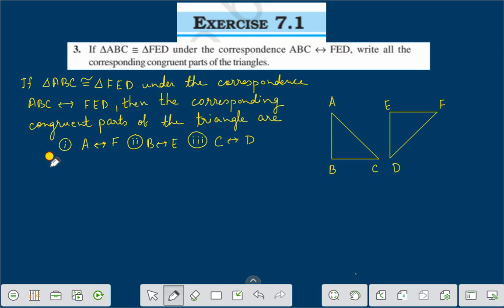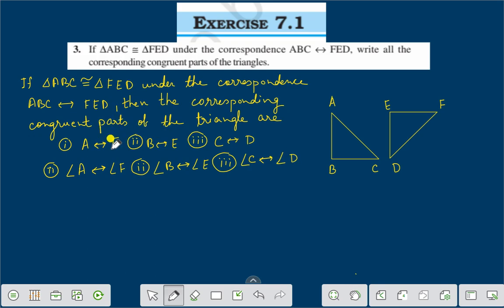And not only that, all the angles also correspond to one another. That is, angle A corresponds to angle F. Number 2, angle B corresponds to angle E. And 3, angle C corresponds to angle D. Right?